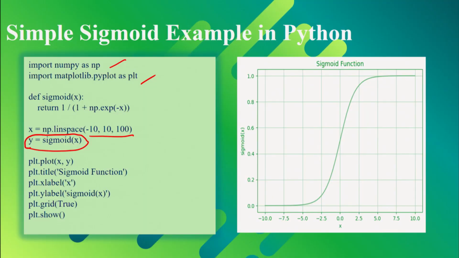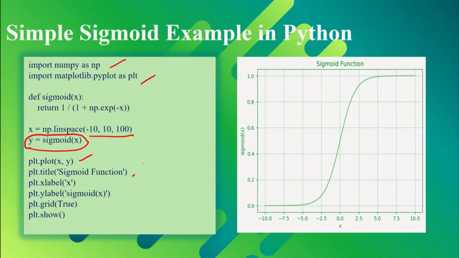Before calling the sigmoid function, we are sending the parameter values minus 10, 10 and 100. This explains the start range, the end range, and how many values we wish to use for the graph. Now, when we plot this graph, we are calling the plot function with the x value and y value.